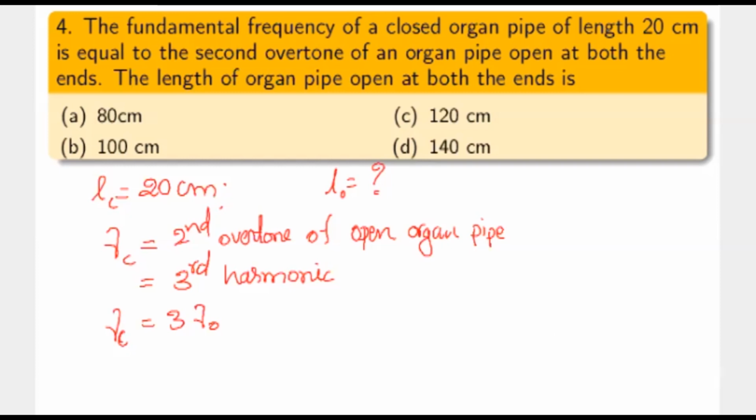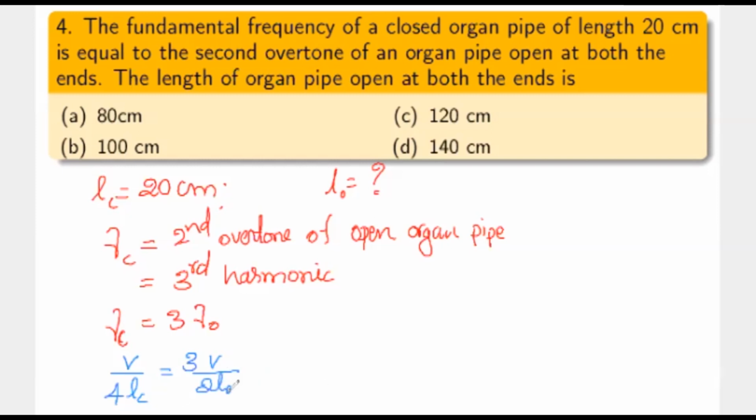Like the previous question, we can substitute for the fundamental frequency in closed and open pipes. In a closed pipe, it is V divided by 4 times LC, equal to 3 times V divided by, in an open pipe, 2 times L naught.